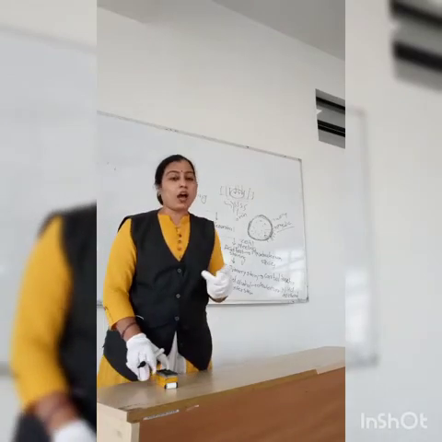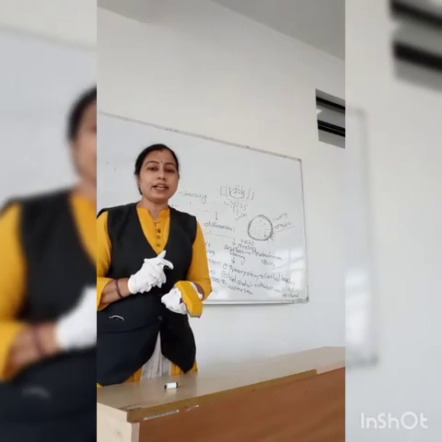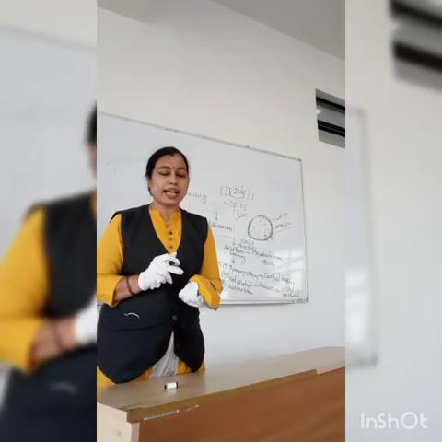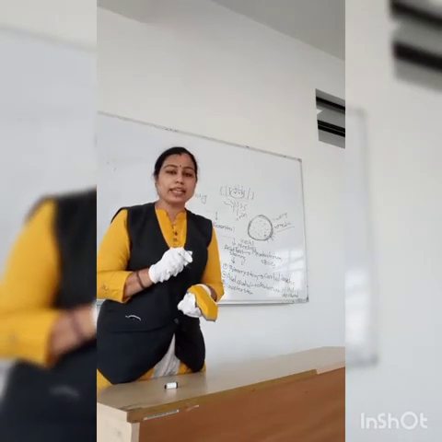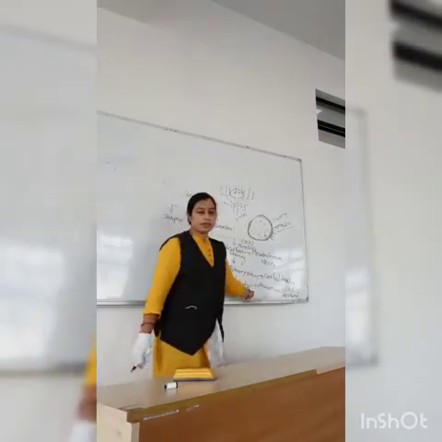How do you do this? Again, tilt the slide, same as in gram staining. Tilt the slide at a 45-degree angle, and then add the acid alcohol drop by drop.